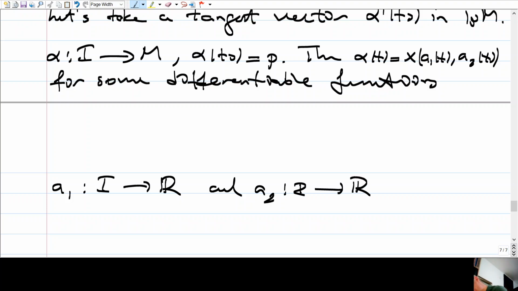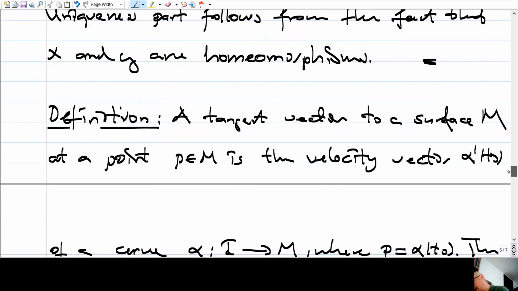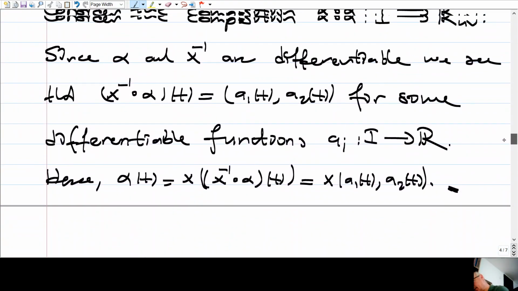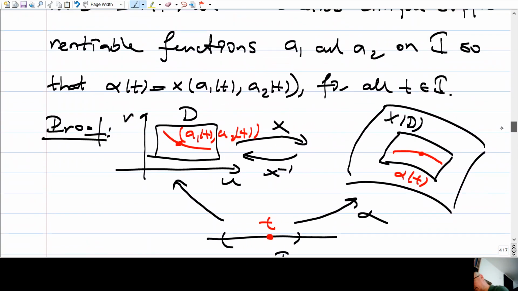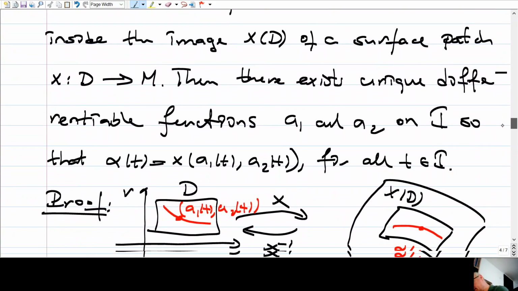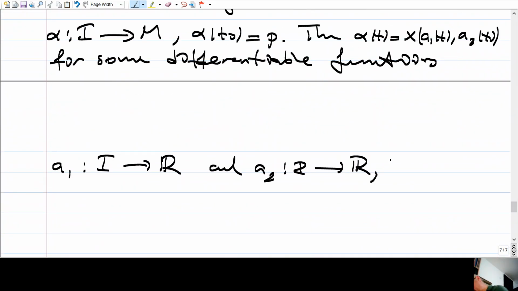This is the result we proved a while ago, exactly this lemma.